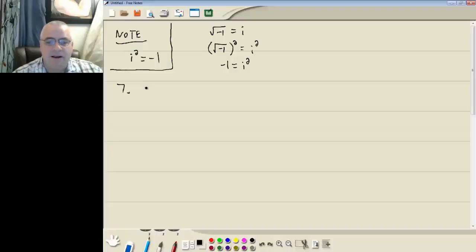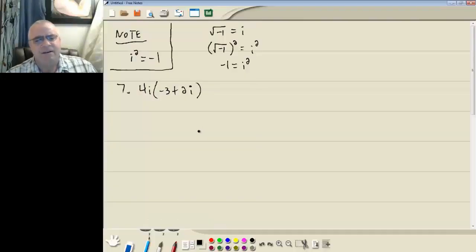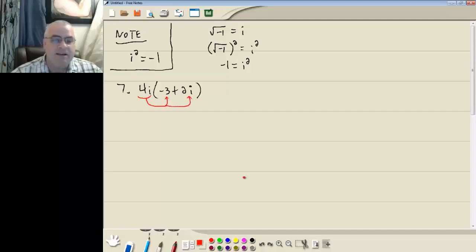We got 4i times negative 3 plus 2i, and it says multiply. Okay, well, again, we treat it just like a variable, same as if you had x's there. This is the distributive property. We're going to take the 4i, multiply it times the negative 3, and we'll also multiply it times the 2i.